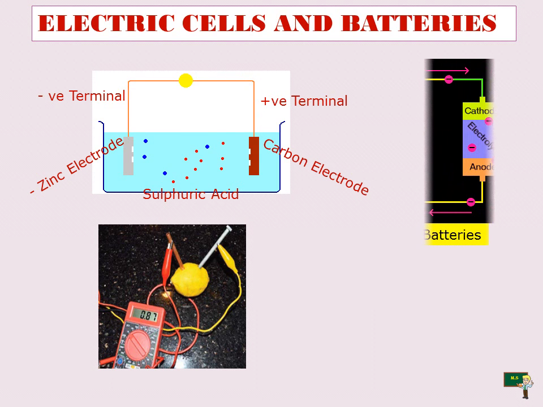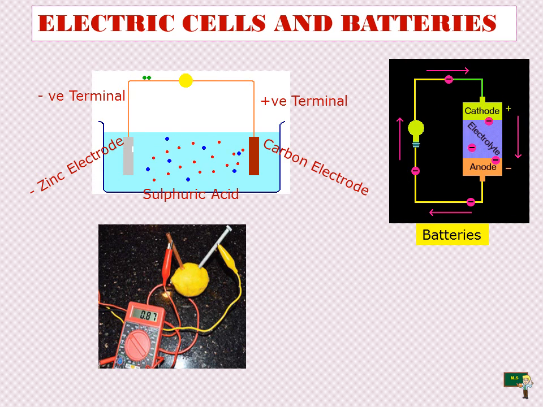Here I will show another picture. In batteries we have one anode and one cathode, which are connected by an electrolyte, which you can see in a pen torch battery. We use a lot of pen torch batteries every day.